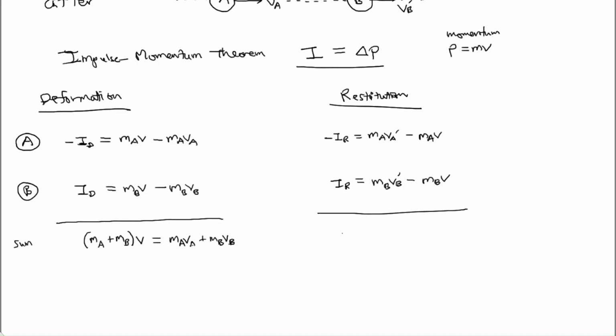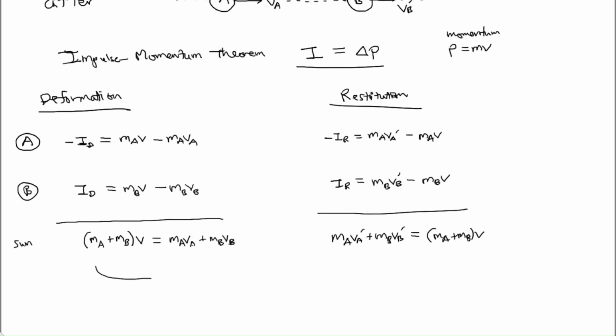We can do the same thing for the restitution phase, and what we find is m sub a v sub a prime plus m sub b v sub b prime equals the sum of the masses m sub a plus m sub b times v. The left-hand side is the momentum of the system after the restitution phase, and the right-hand side is before the restitution phase, when they have the common velocity.